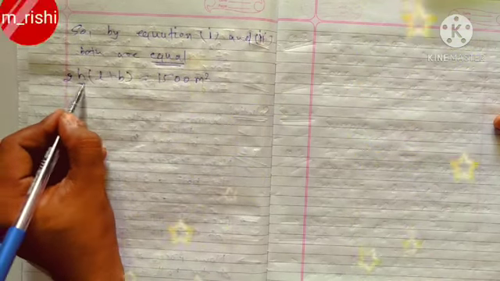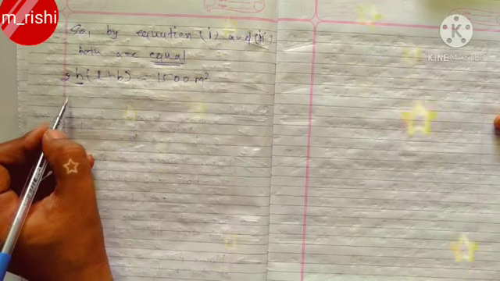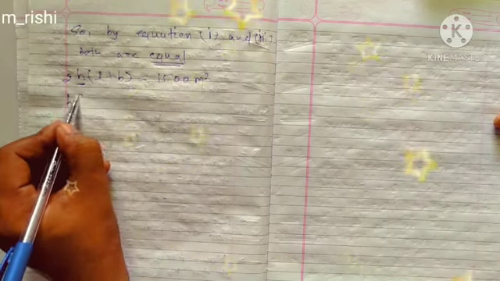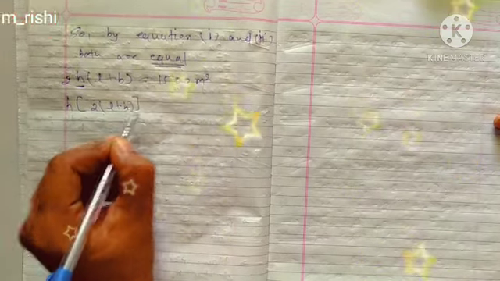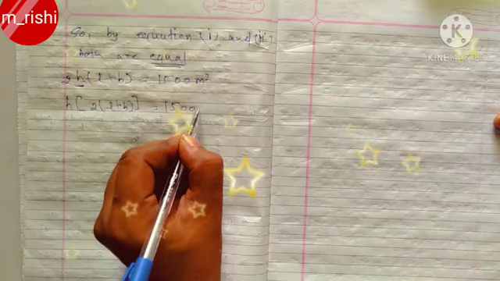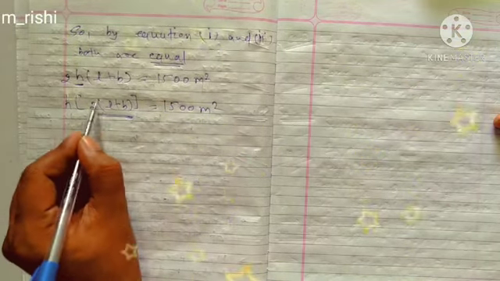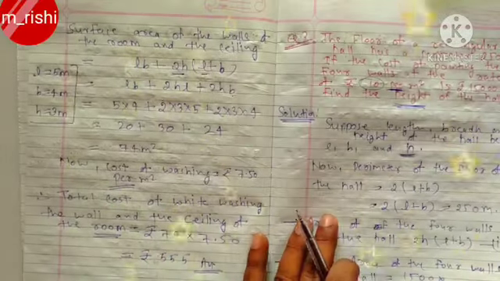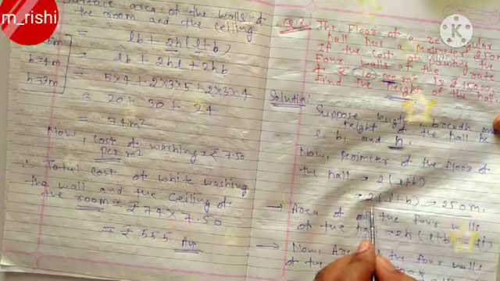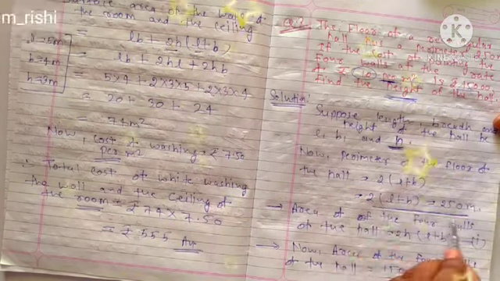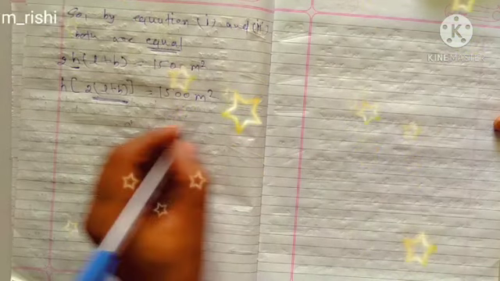Take H outside, and 2 in bracket of L plus B equal to 1500 meter square. So 2(L plus B), you see in the figure, given the value of 2(L plus B). What is the value of 2(L plus B)? 250 meter. Yes, 250 meter.